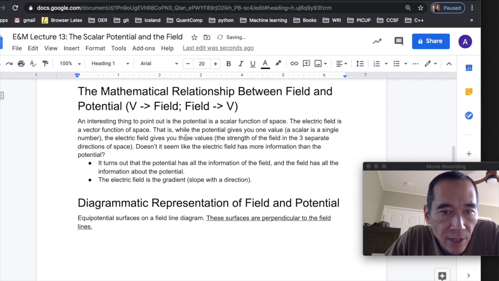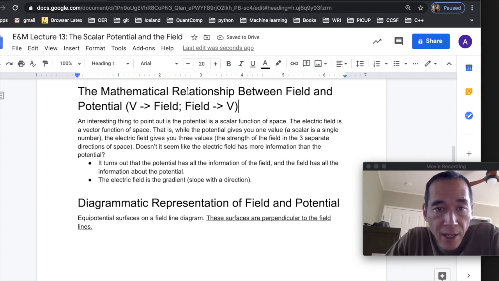this is going to be mathy. It's going to feel mathy. But while I show you this mathematical relationship, we're going to also explore it a little bit, and we'll be able to take away, just because of the explorations, a reasoning for why, on a field line diagram, how could you also diagram something about the scalar potential?